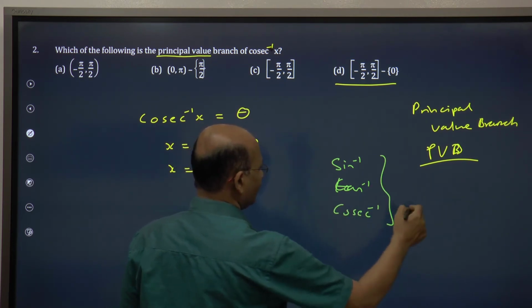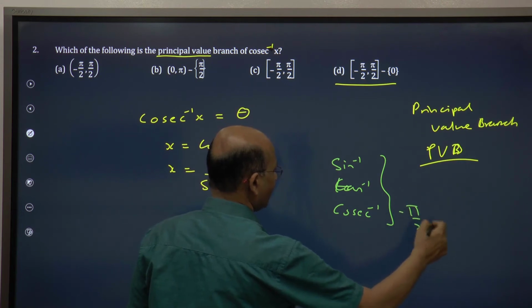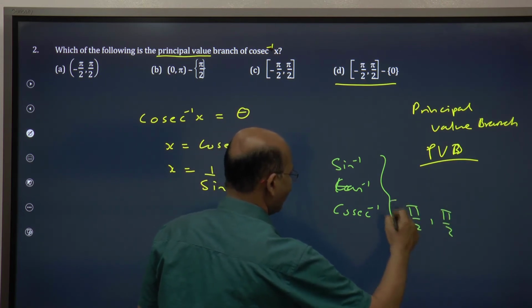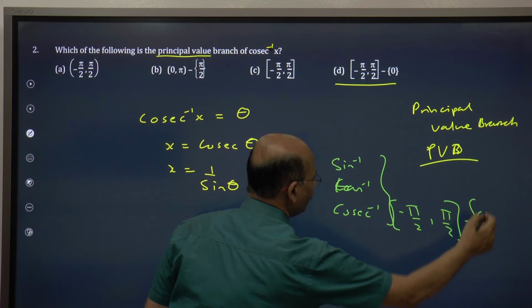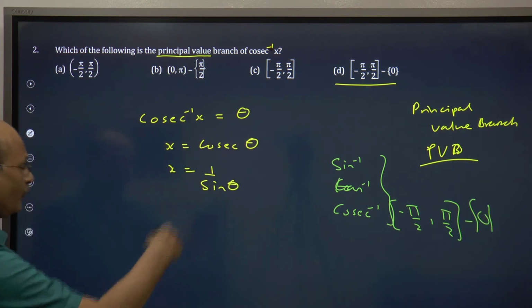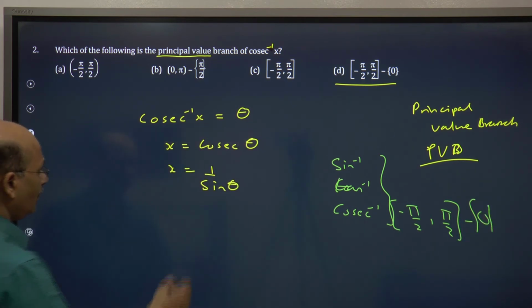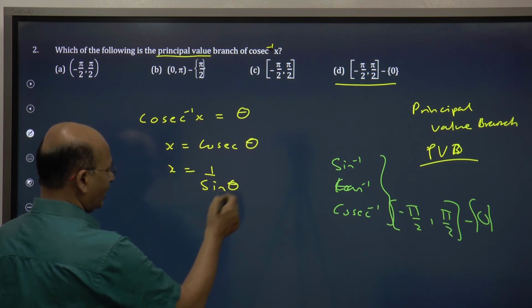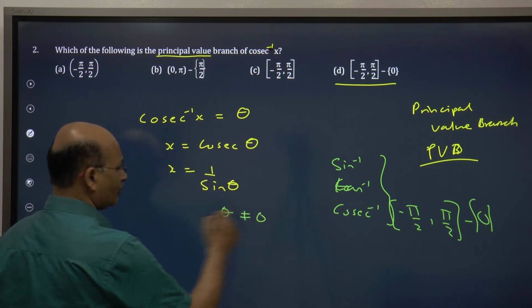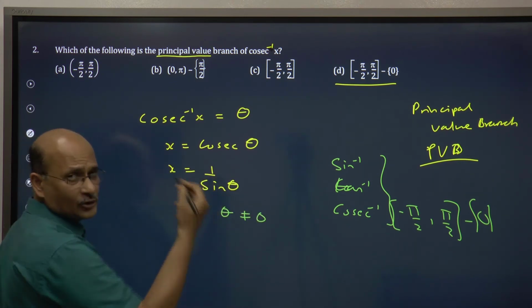Refer to the video I just posted. Because of sine theta in the denominator, theta cannot be equal to 0, because if theta becomes 0, 1 upon 0 is undefined.